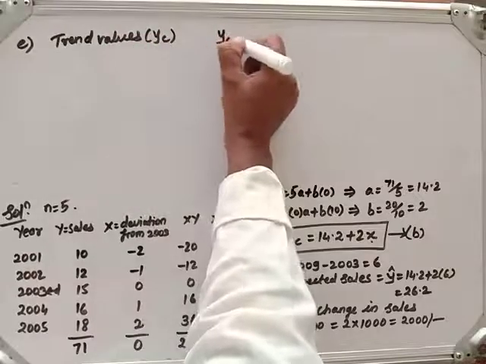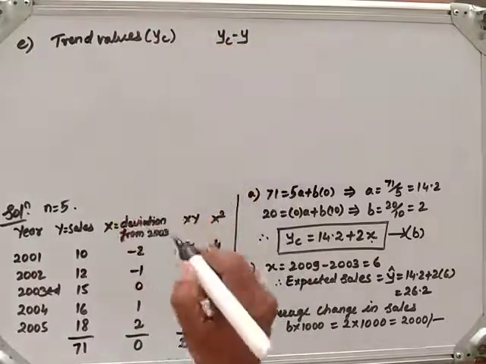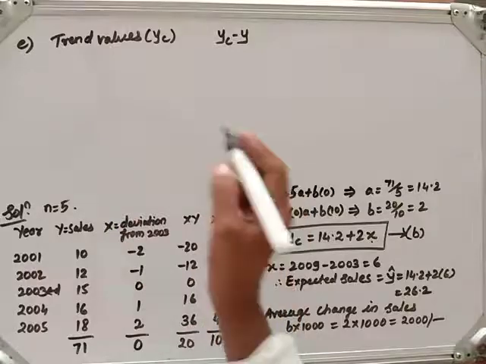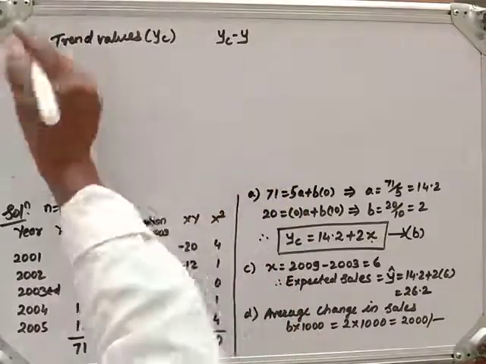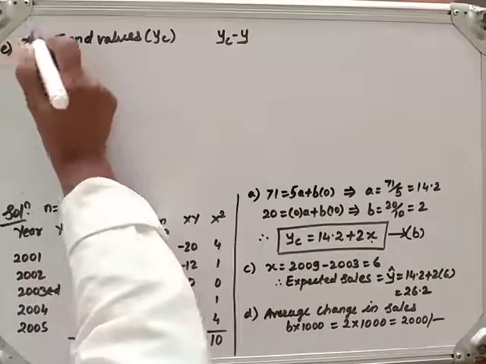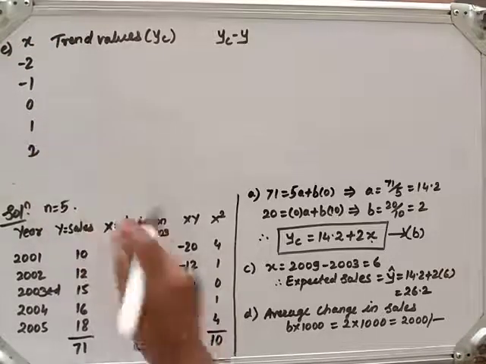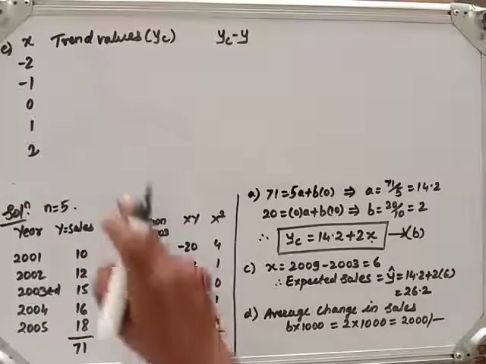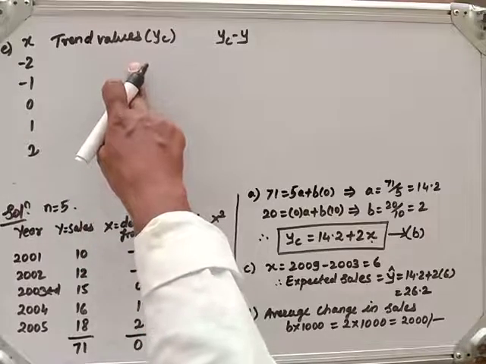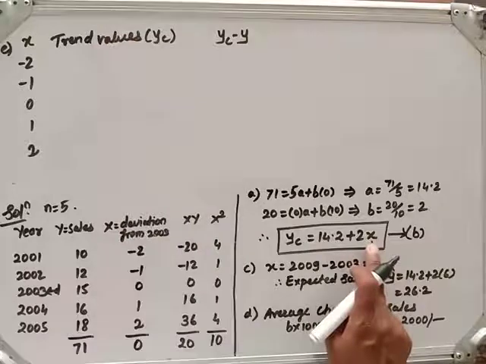And we will take Yc minus Y. X is with us: minus 2, minus 1, 0, 1 and 2. Find out Yc for each x. Put the x in this equation.